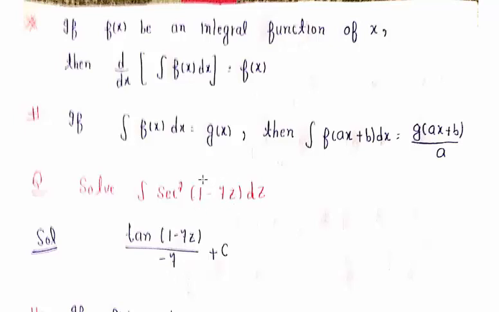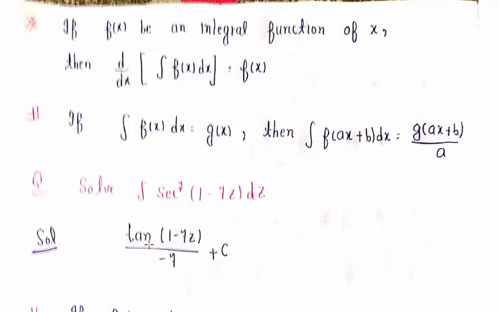But here the angle of secant square is another than z or x. The angle is 1 minus 7z. If we compare 1 minus 7z with ax plus b, then instead of b we have 1 and instead of a we have minus 7.